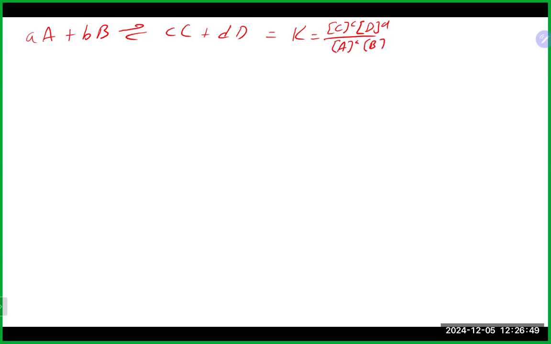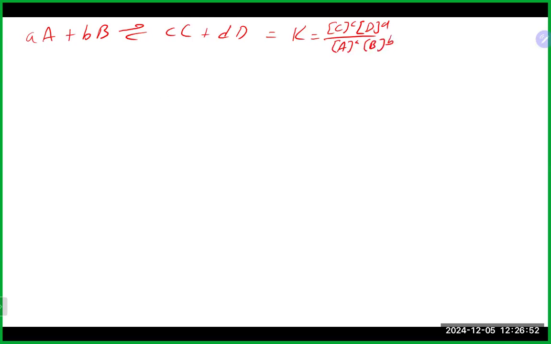So just a reminder that if we have A plus B going to C plus D, we would have our K in this case as C to the c, D to the d, over A to the a, and B to the b.